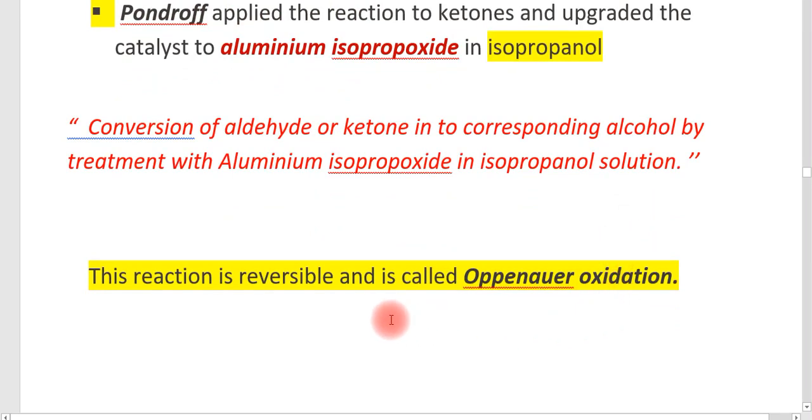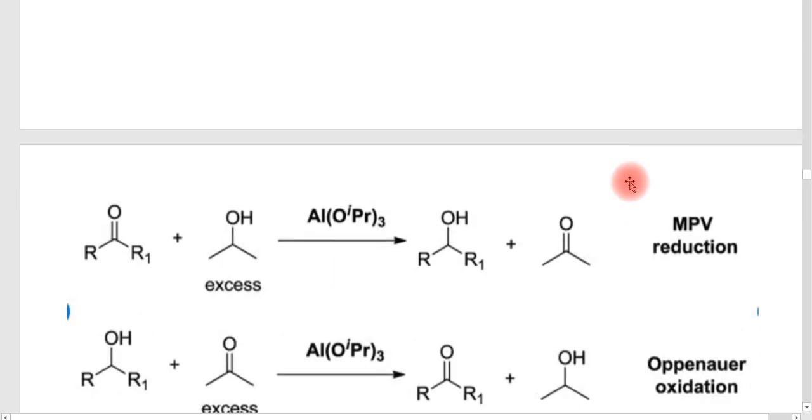We know that this reaction is reversible and the reverse is called the Oppenauer oxidation that we already explained earlier. At that time we explained that it is just the reverse of the MPV reduction. So here we discuss the MPV reduction, that is, aldehydes and ketones reduced to alcohol in the presence of aluminum isopropoxide in isopropanol solution.